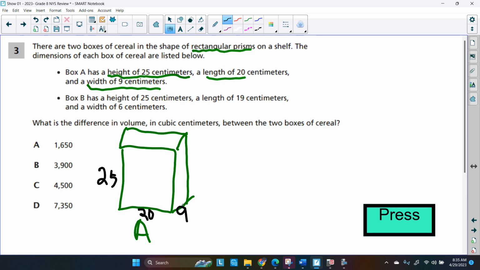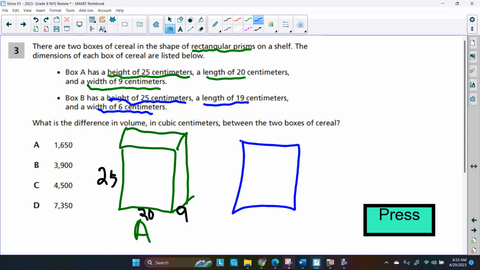Now let's talk about box B. It has a height also of 25 centimeters, a length of 19 centimeters, and a width of 6 centimeters. I'm going to draw box B. It's almost identical in measurements.